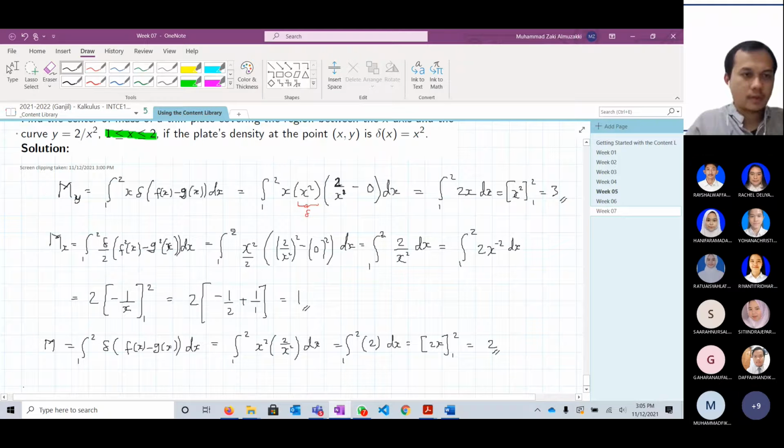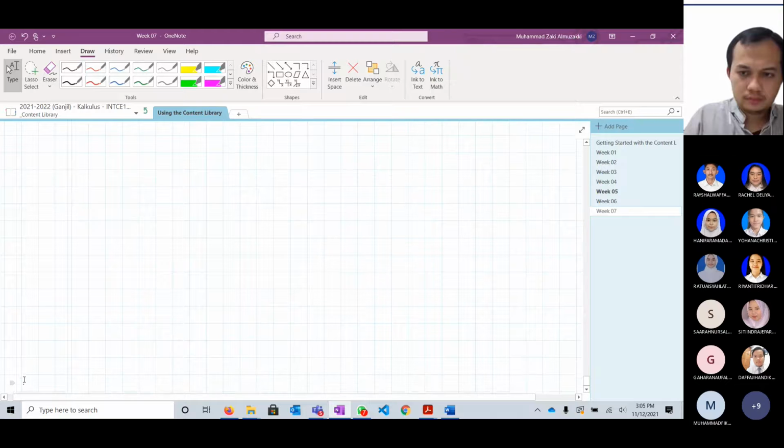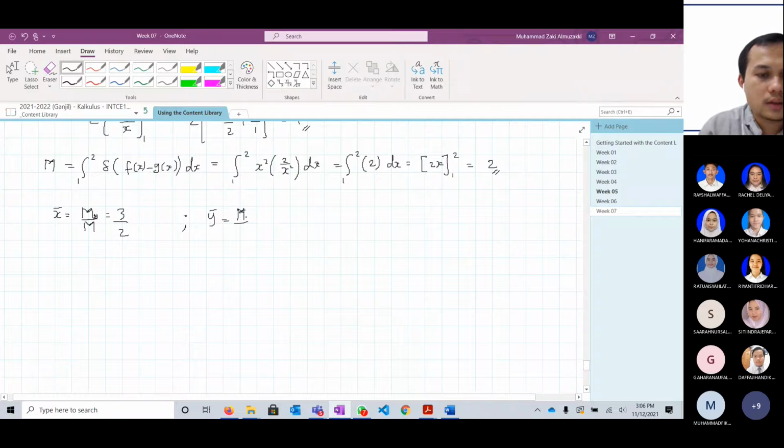Finally, we can compute the centroid. X bar is My over m, which is 3 over 2, and y bar is Mx over m, which is 1 over 2.